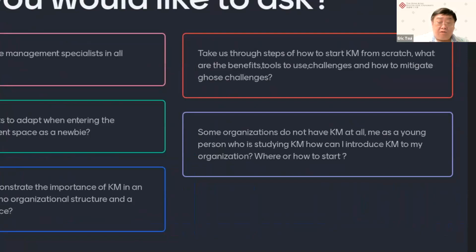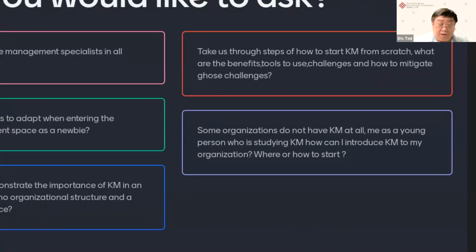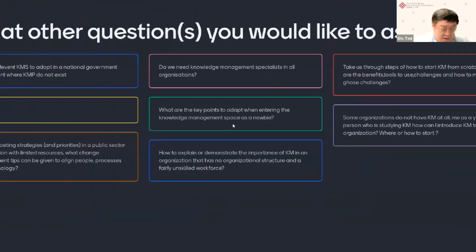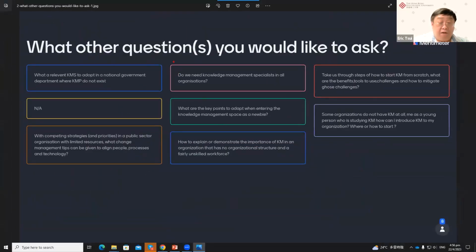Take us through the steps of how to start a KM from scratch. What are the benefits, challenges, and how to mitigate those challenges? Some organizations do not have KM at all. As a young person who's studying KM, how can I introduce KM to my organization? Where to start? All right, so out of these, I have selected this to be number 4, and this super duper question to be number 5.